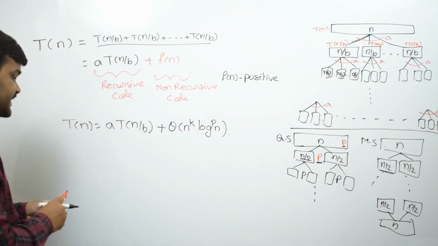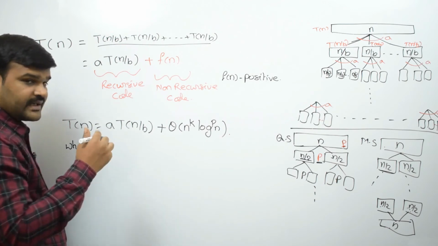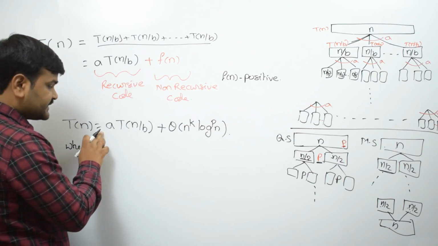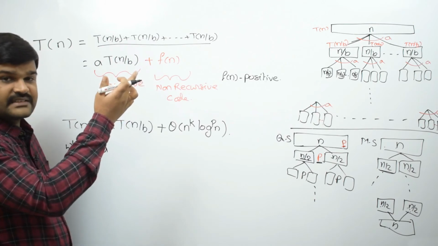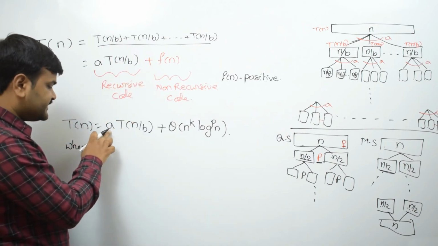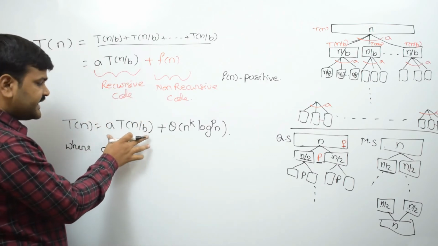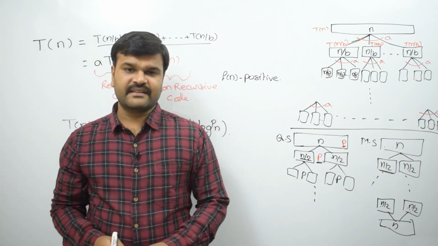Here, if you observe, what is a? At least one subproblem must be there, is it or not? Zero subproblems means there is no recursive step first of all. A is the number of subproblems. No recursive step means this is not coming under the divide and conquer strategy.